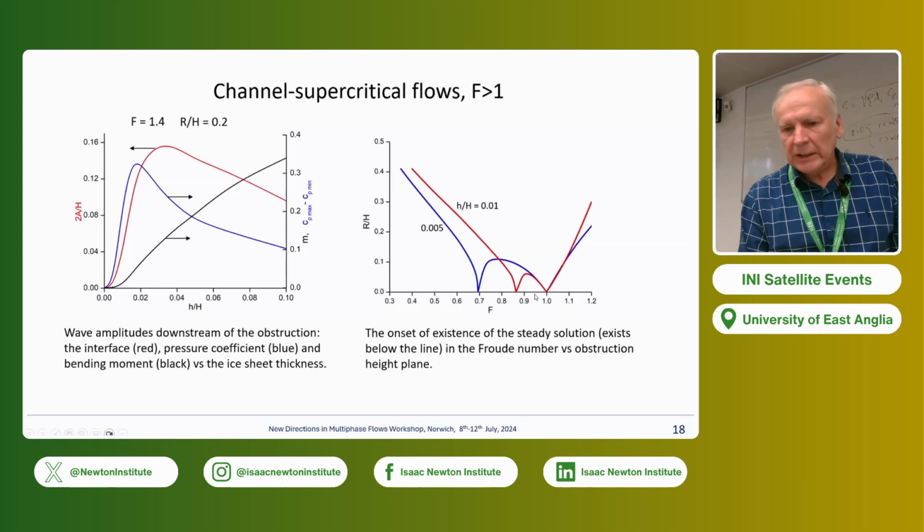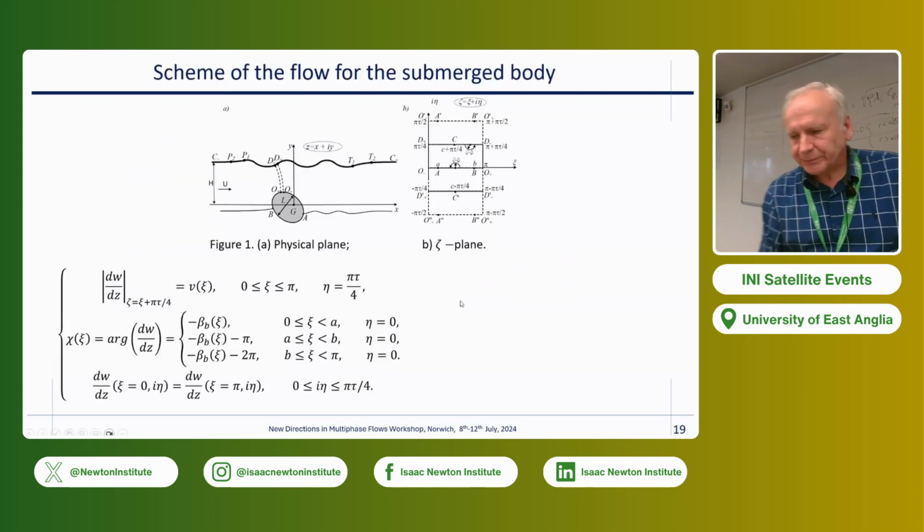As the thickness of the elastic sheet increases, the second critical Froude number approaches the first one, 1, also. So this explains why the height of obstruction must be quite small to get the steady solution.